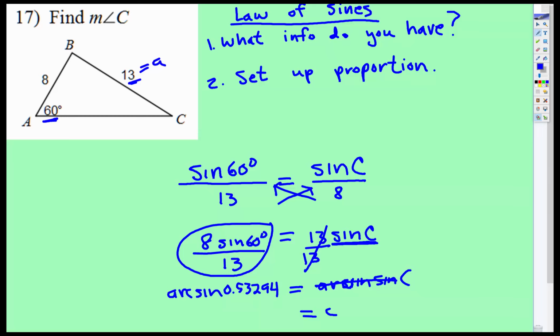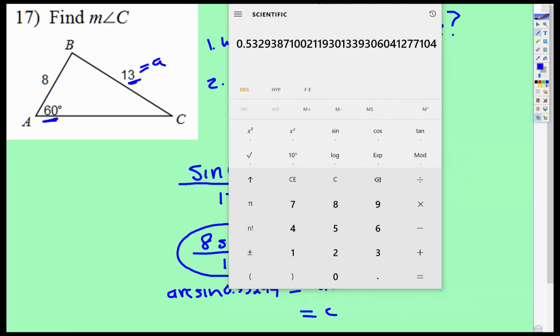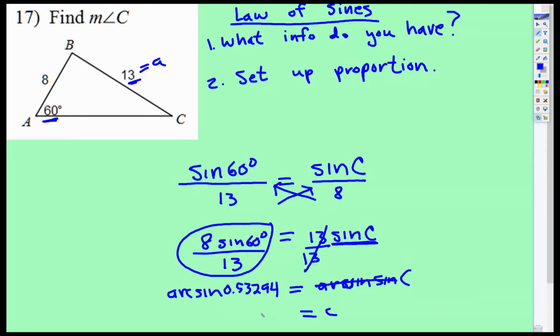And again, now we're going to take the arc sine of both sides, and since it's in the calculator right now, I can hit shift, arc sine, and what that gives me is the angle measurement. I'm going to round this to the nearest full angle, which is 32. So we can say that angle C is about 32 degrees. That's all there is to it.